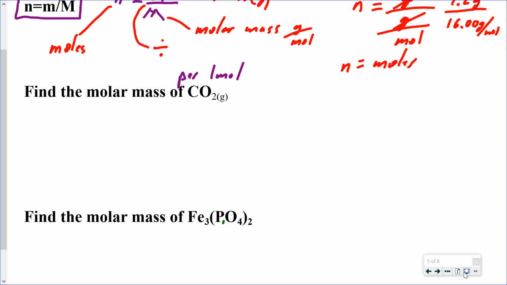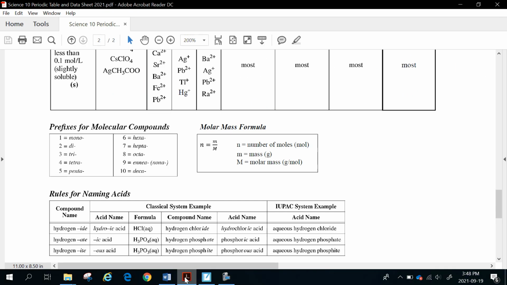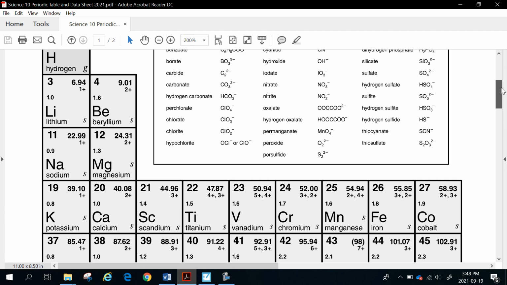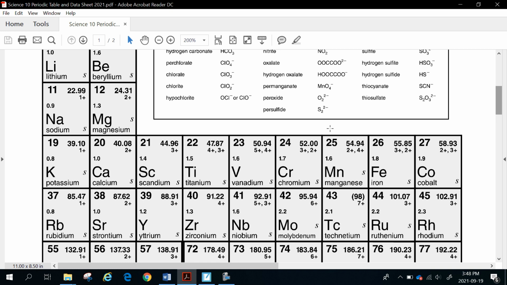So let me just flip over to the periodic table here so we can take a look and see where all of these numbers are coming from. Rather than me going back and forth, let me do it this way. We're going to be using iron in the next example, iron atomic number 26. The atomic mass here is 55.85.